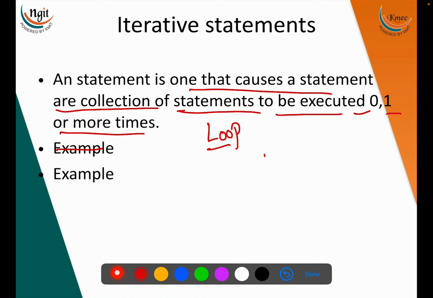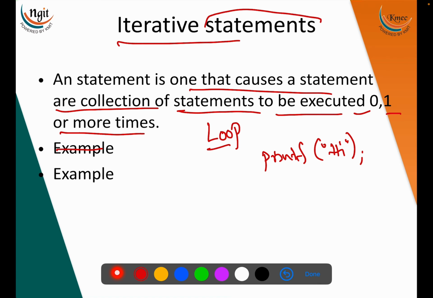If I write printf once, it is displayed only once. But what is an iterative statement? A statement can be repeated in the program. How can it be repeated? I have to make this repetition task happen with the help of some variables, or by having some metrics. What are they?